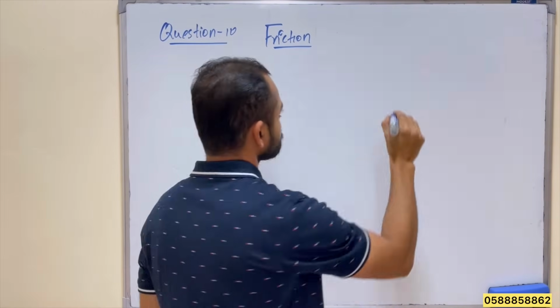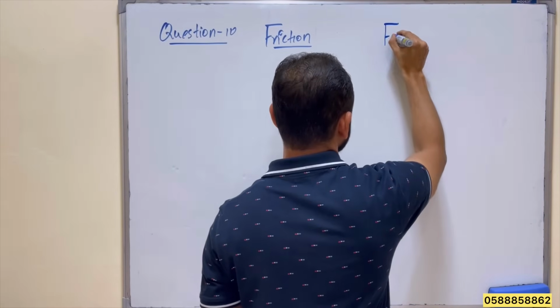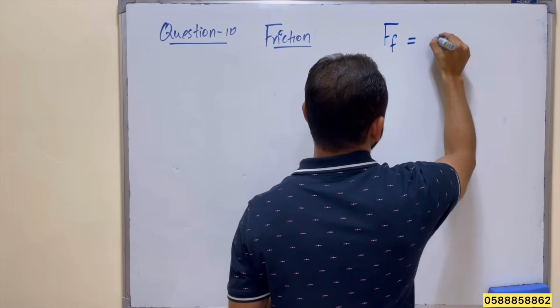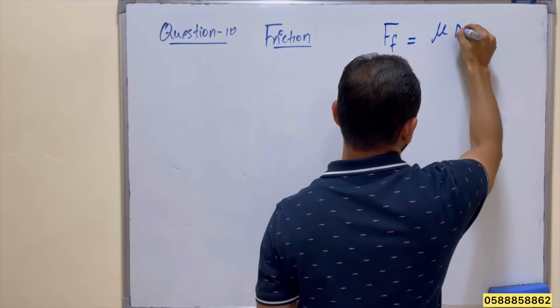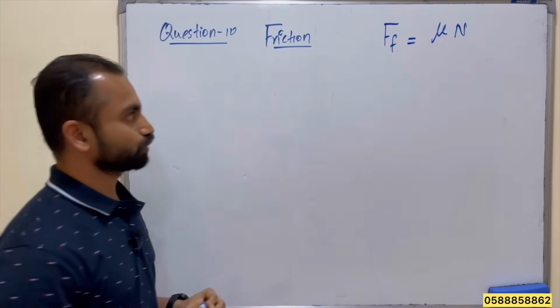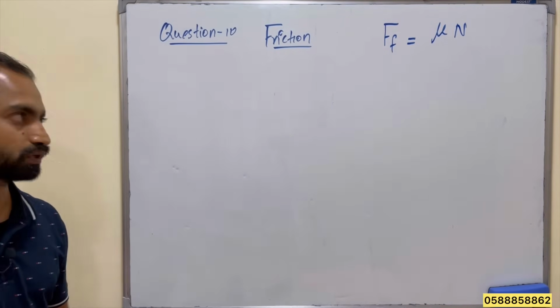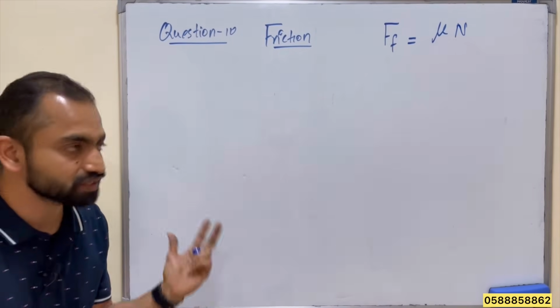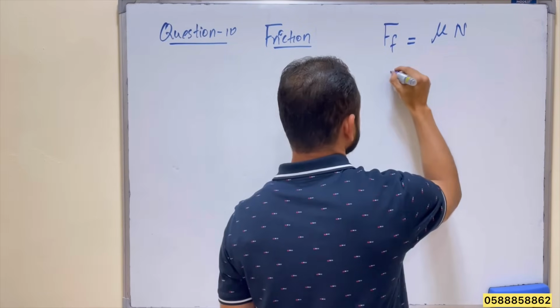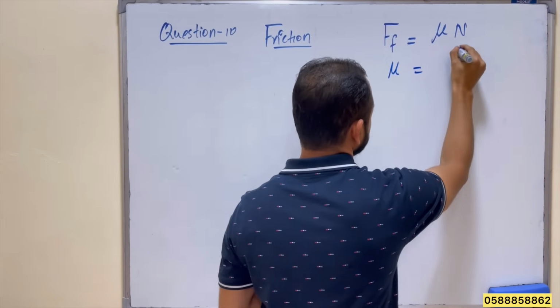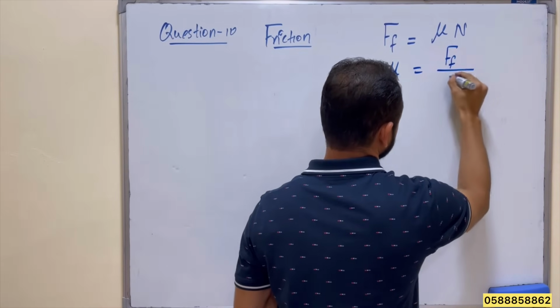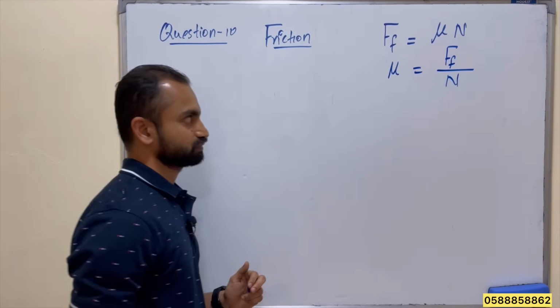The most basic thing in friction is frictional force equal to coefficient of friction multiplied by normal force. If we rewrite this equation for coefficient of friction, it will be frictional force divided by normal force.